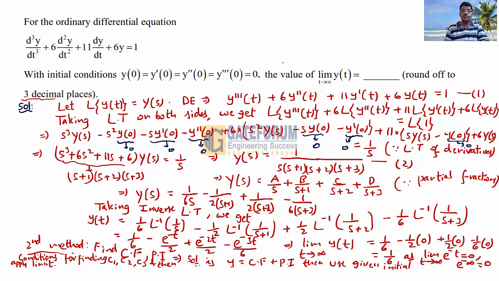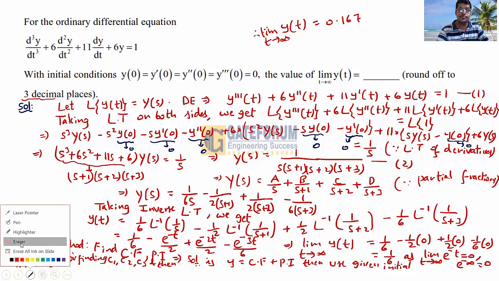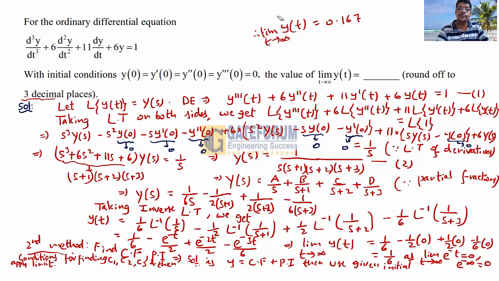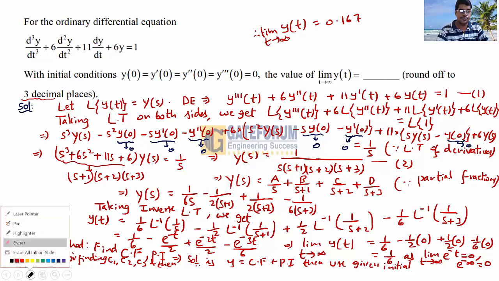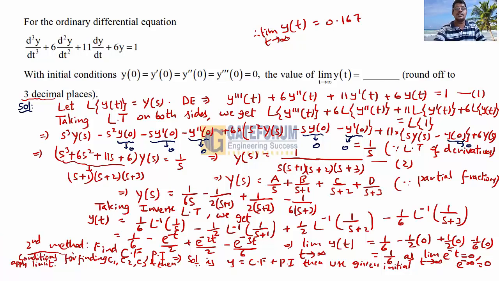Therefore, the limit as t tends to infinity of y(t) is equal to 0.167. So the answer is 0.167. This is the end of the question.